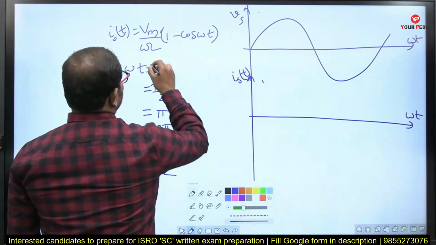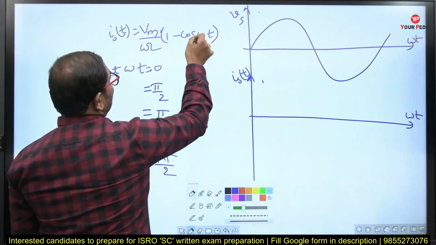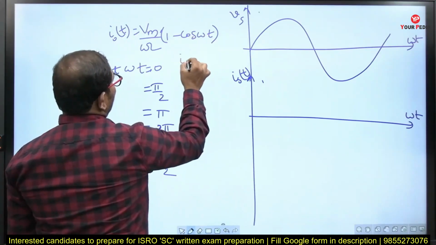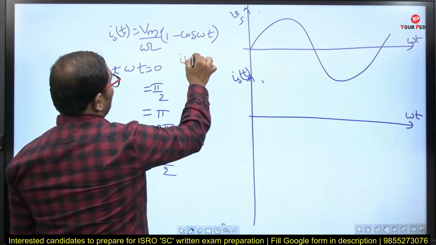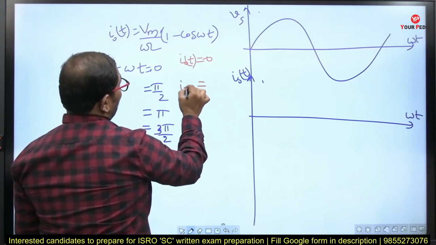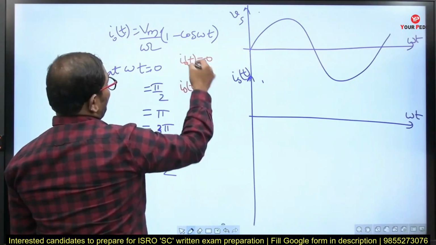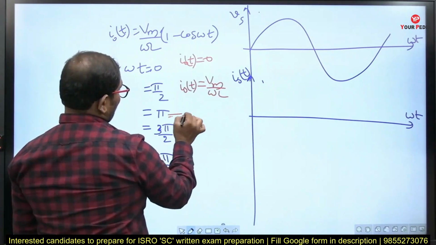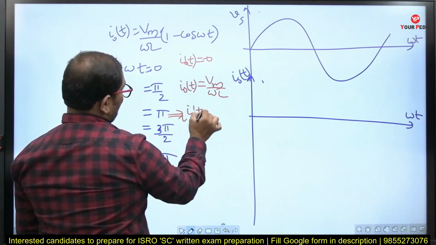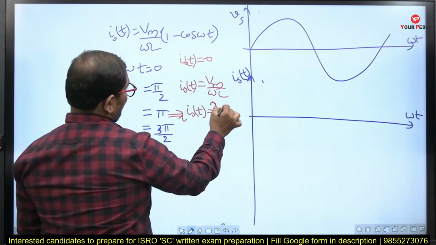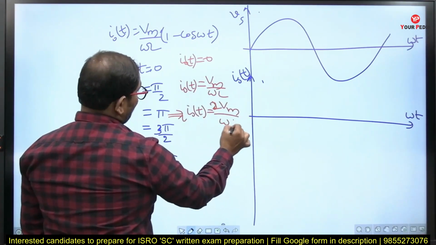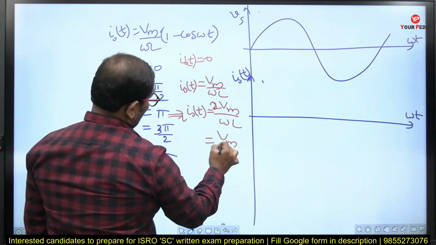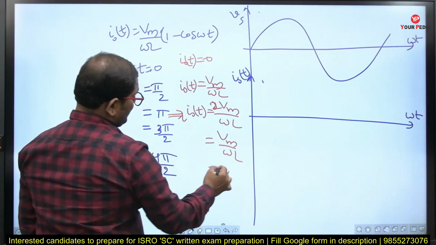So under this condition, when I substitute 0, cos 0 is 1, this value becomes i0(t) equal to 0, you will get here. What about here? i0(t) at pi by 2 becomes Vm by omega L. What about here? This becomes i0(t) equal to 2 Vm by omega L, you will get. Here you will get Vm by omega L, this becomes 0.